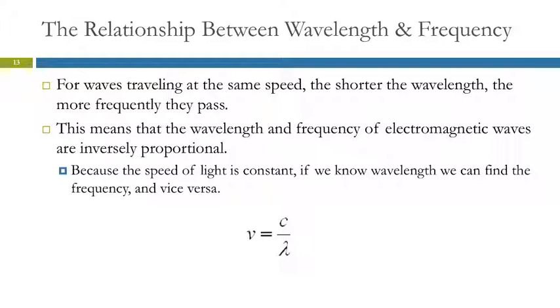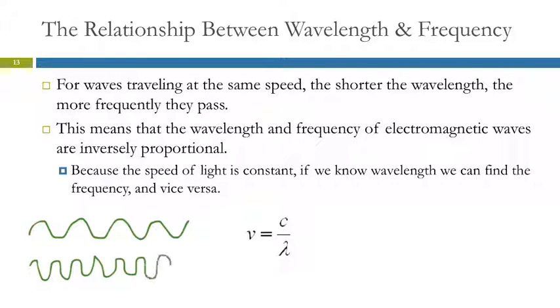So if we think about this, I'm not very good at drawing these. So these are two crappy looking waves. I've tried to make them with the same amplitude. These are both traveling at the same speed.